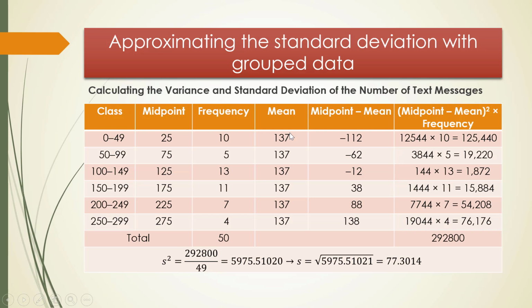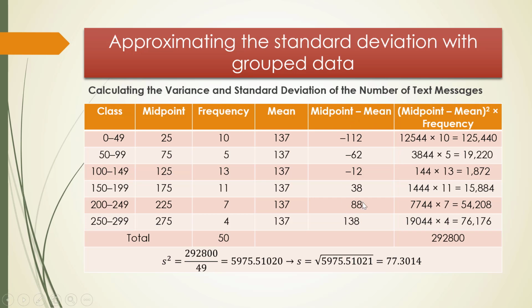Now to find the variance, we need to find the deviation between the midpoint and the mean. So we take each midpoint minus the mean. We have 25 minus 137 is negative 112, and repeat for the other classes. Next, we square this deviation, because if we don't square and just add up the deviations, they are going to add up to 0, and that's not what we expect for the dataset.